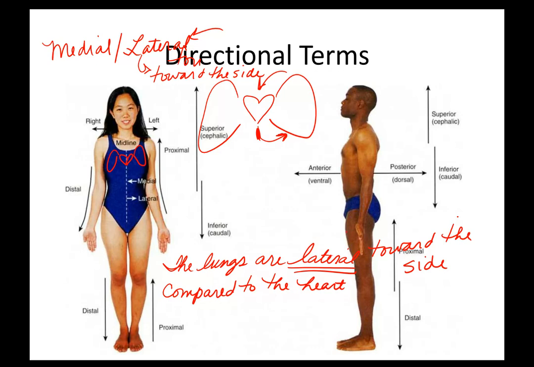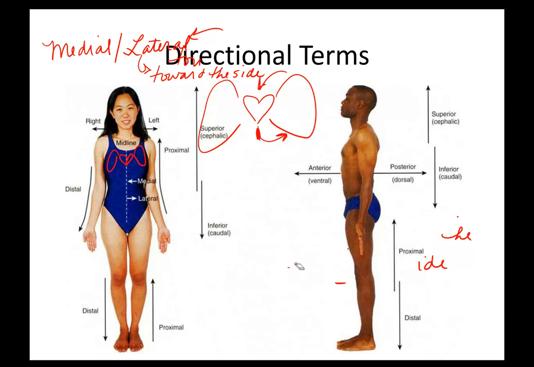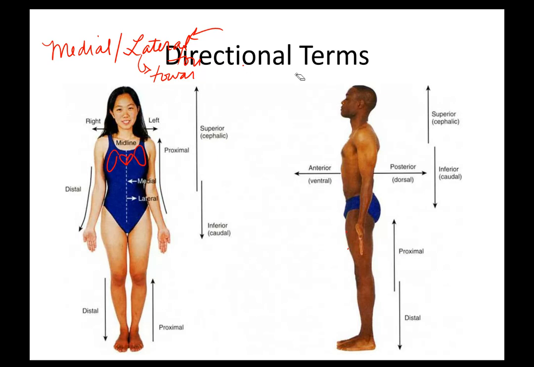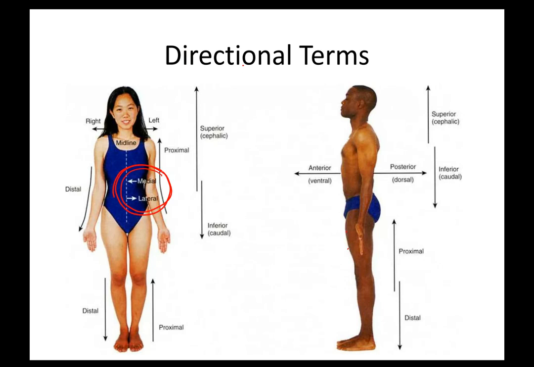Again, you need 2 points on the body and you're describing them based on their position from each other. So that's the first set of words, medial and lateral. It's either toward the middle of the body or toward the sides of the body. And that's actually on this figure right here, medial versus lateral. Okay?